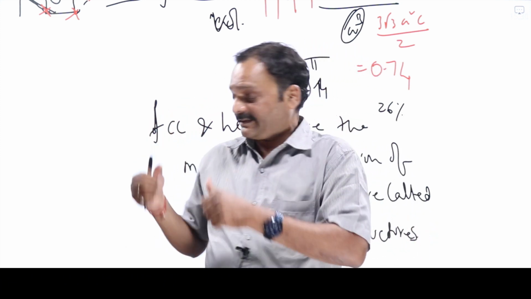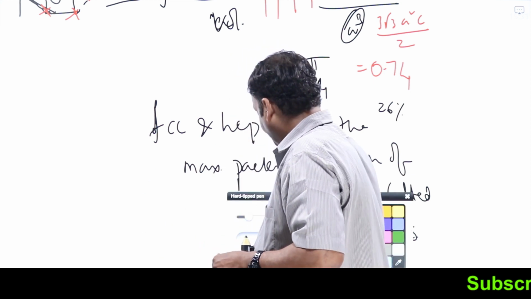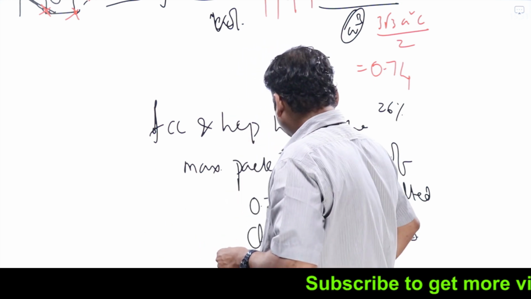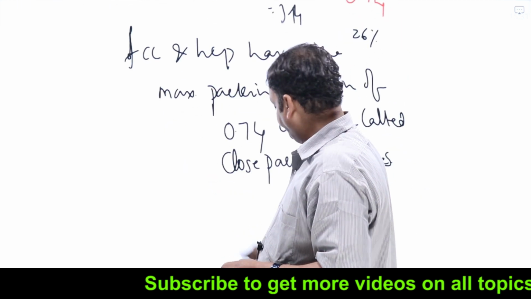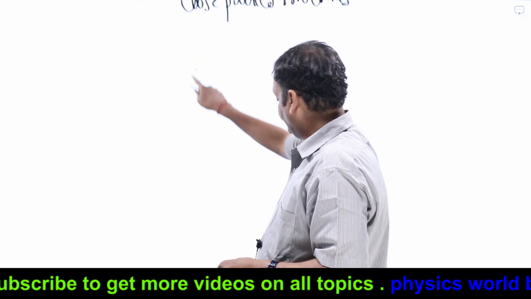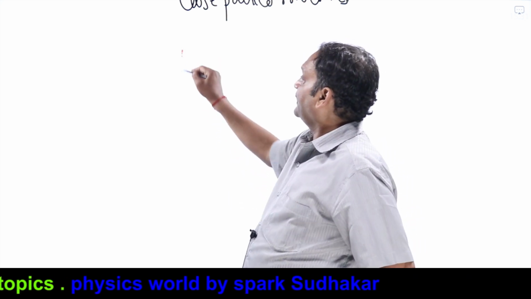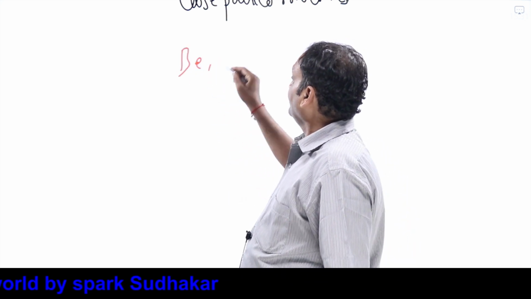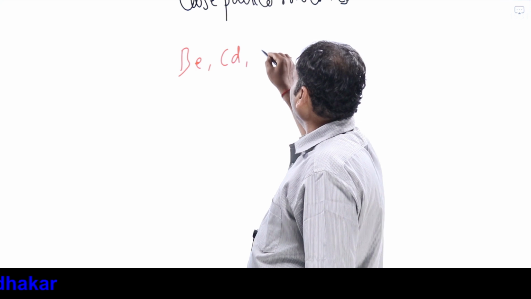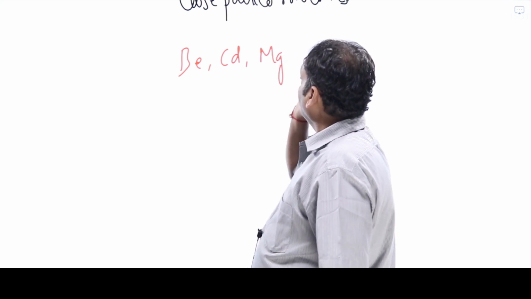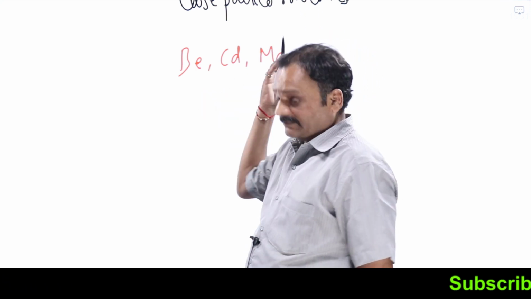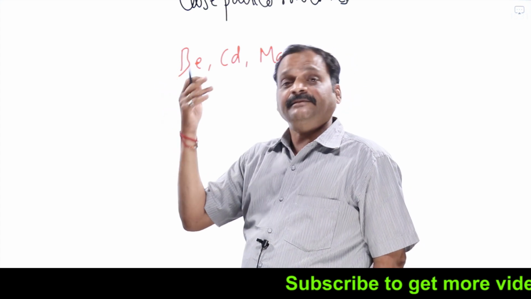Examples are magnesium, beryllium, cadmium, zinc, vanadium, zirconium, like that.